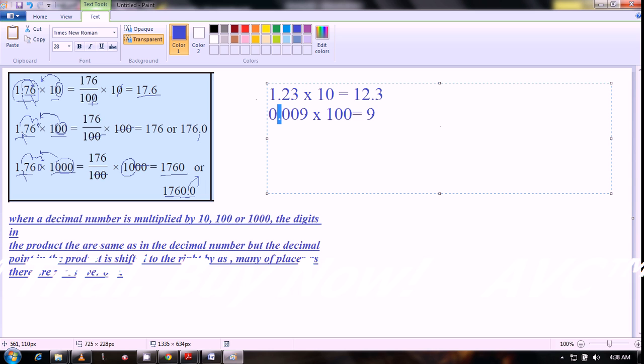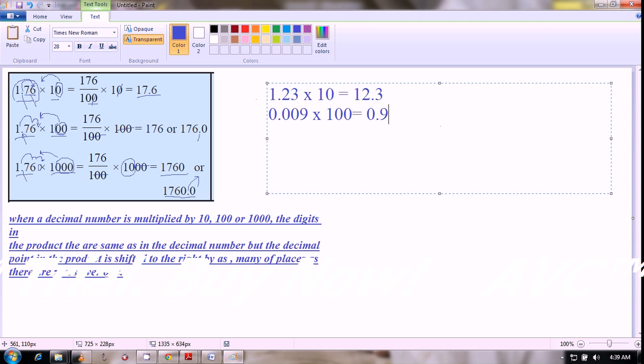Now this decimal position will shift 2 positions to the right. Here is the original decimal position. It will shift 1 position, 2 positions, so the decimal point will come just before 9 here, and 1 zero will be here.